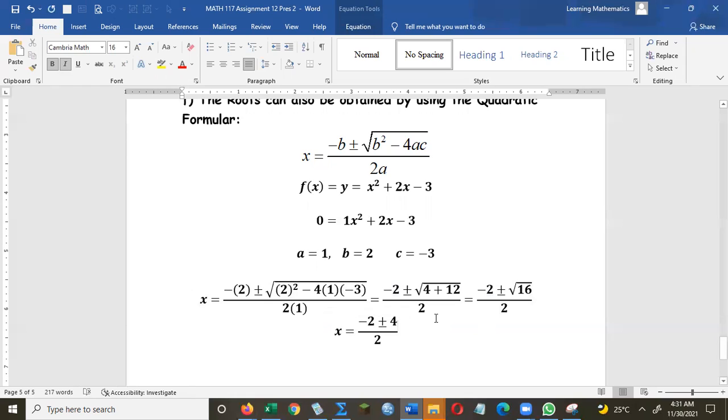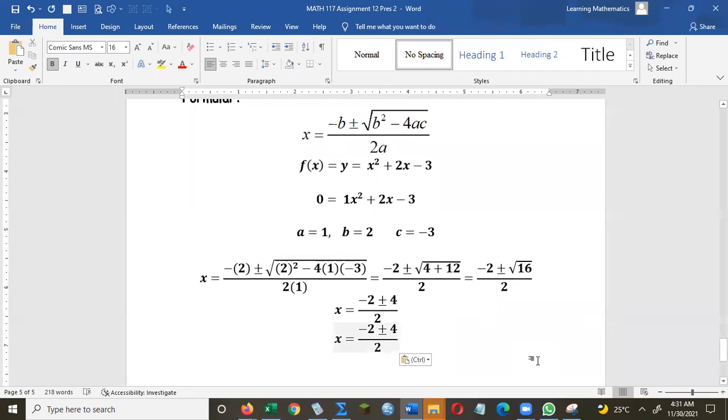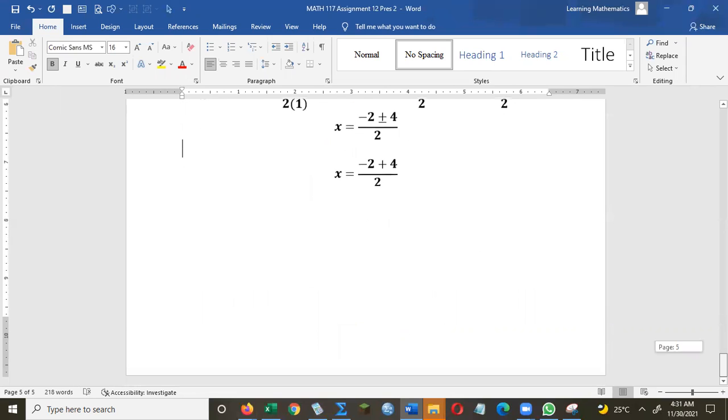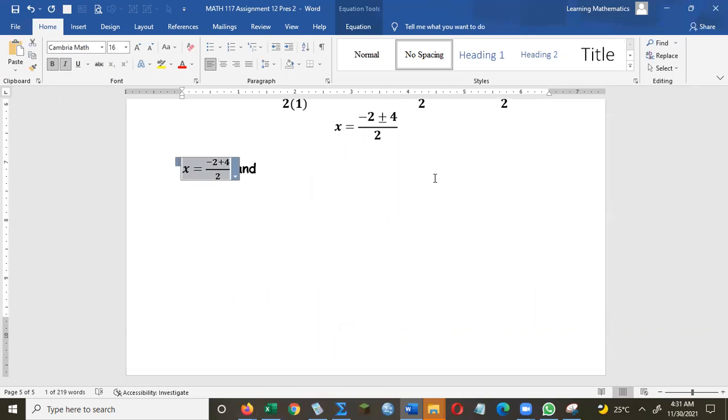So now we're going to make a separation. We're going to calculate for plus alone, and we're going to calculate for minus.